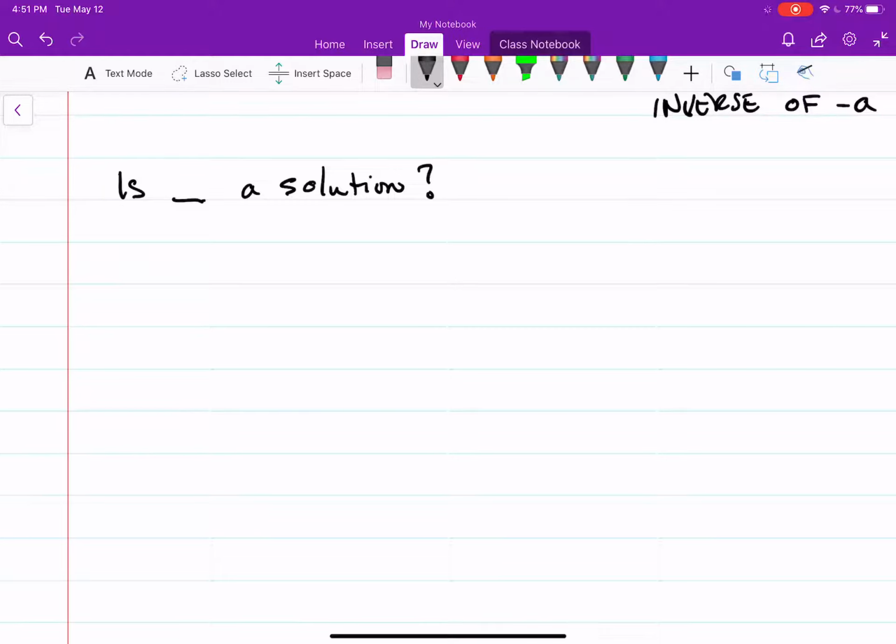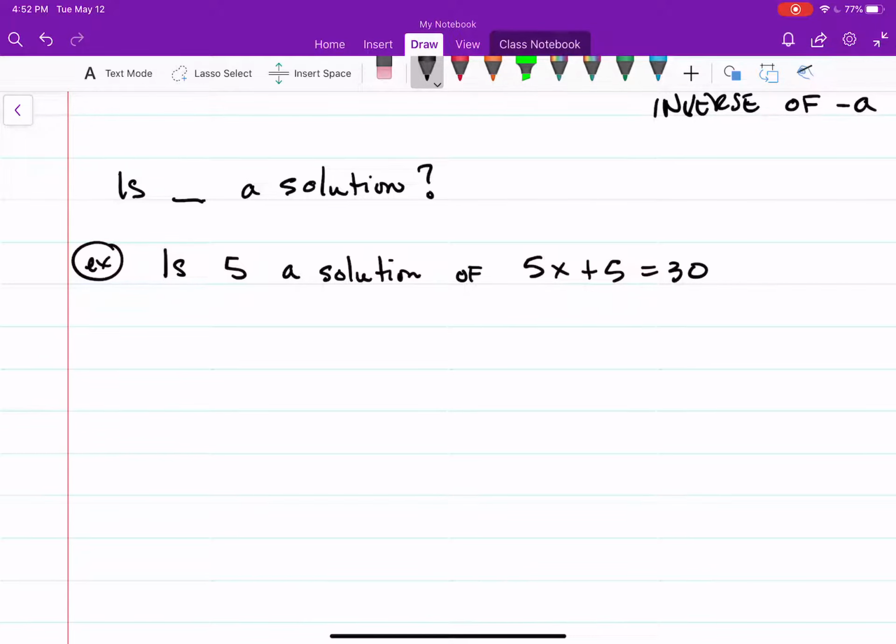So, for example, it's going to say, is 5 a solution of 5x plus 5 equal to 30. So is 5 a solution?